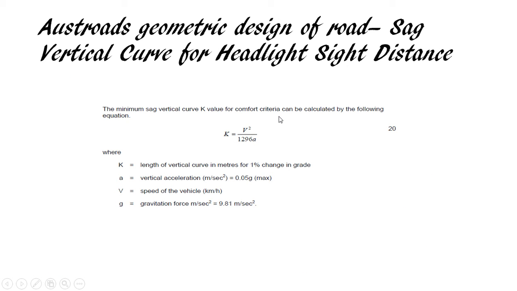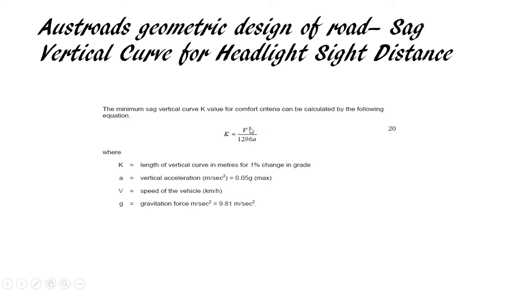A sag curve needs to be designed for headlight sight distance. The k value equals v squared divided by 1296 times a, where v is the speed of the vehicle, a is the acceleration, and g is gravity. Based on that, the k value is defined.